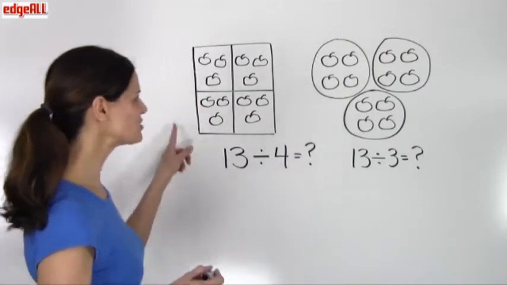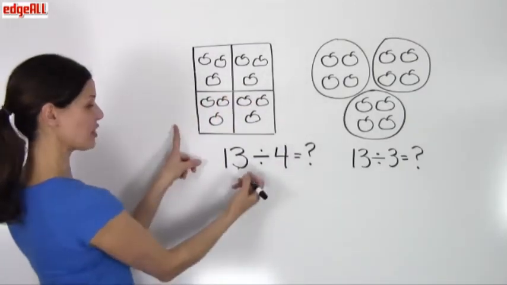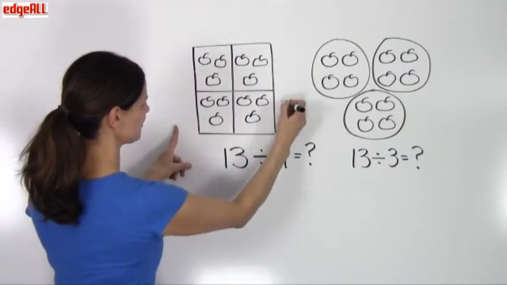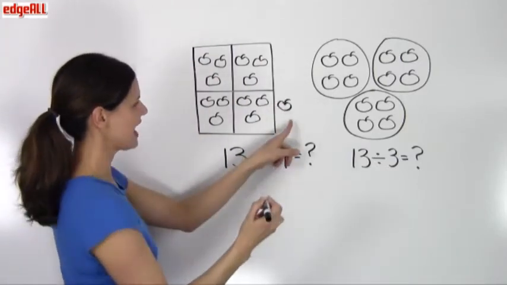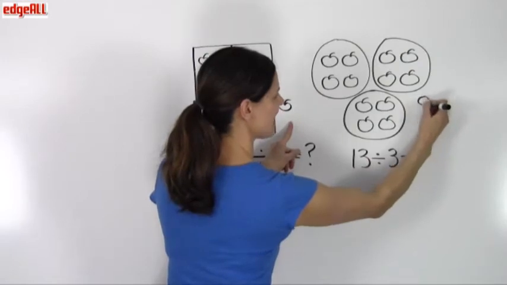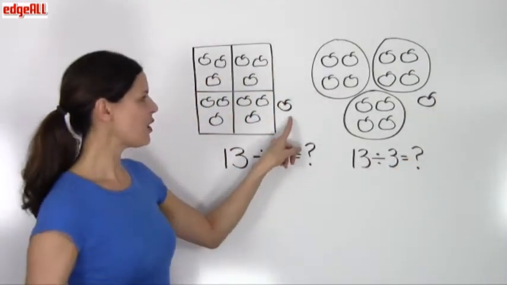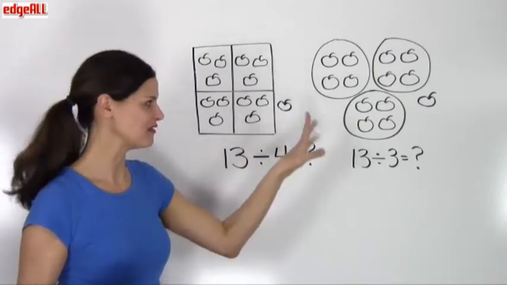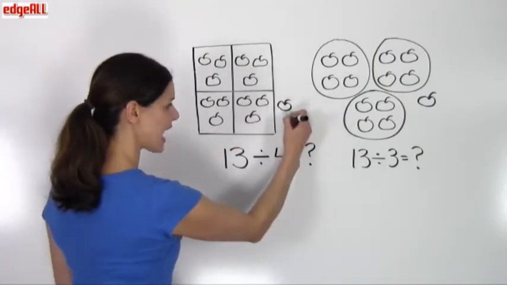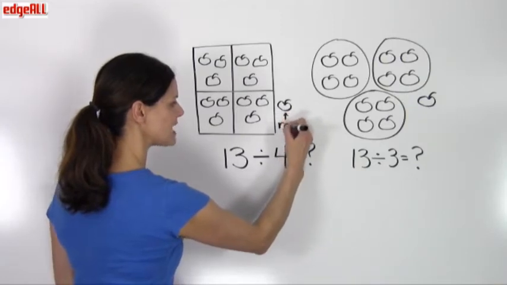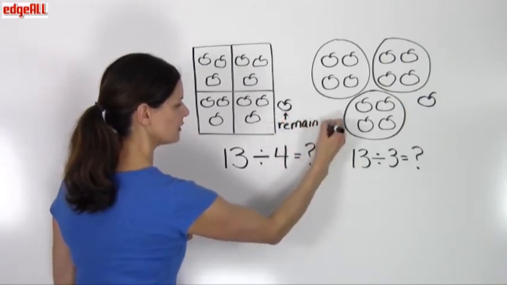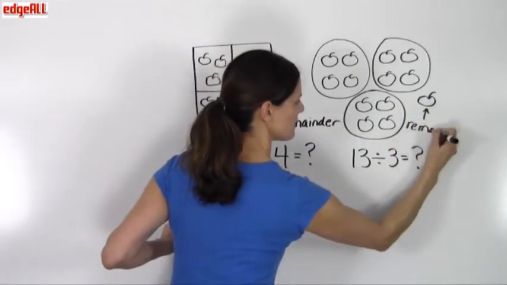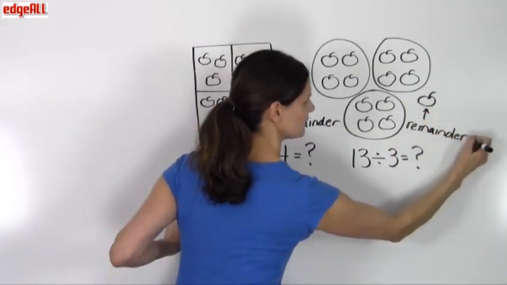So this extra apple that we had, our 13th apple, I'm going to draw a little extra right over here, okay? And on this one, I'll draw this little extra right here. Now this extra apple, this 13th apple in our problem, is actually called a remainder. This one here too is called a remainder.